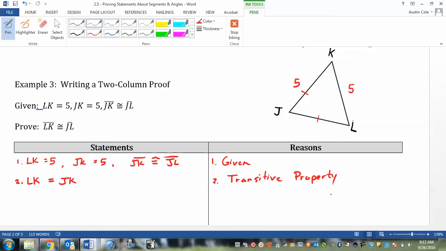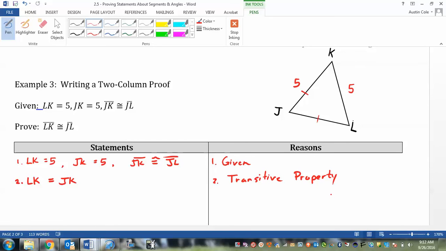Kristen, do you have a question? Yes. How come we didn't start out with JK and JL, because they're congruent, so they'd still be 5? Because JK and JL both have tick marks, that means they're congruent. If they're congruent and the same distance, then they'd be 5.